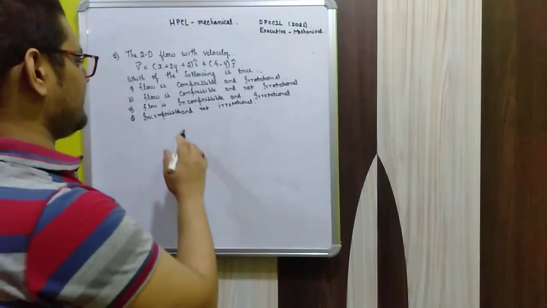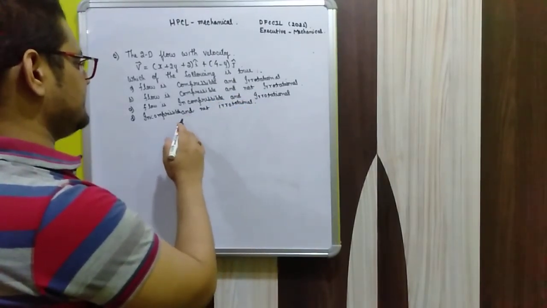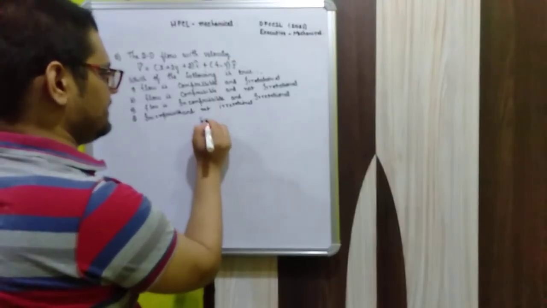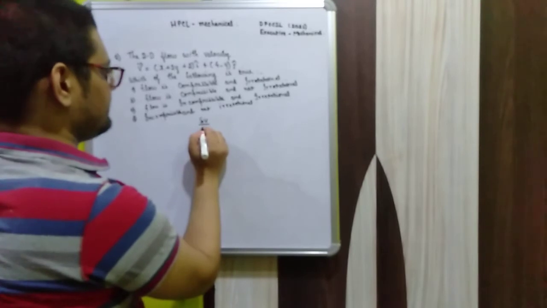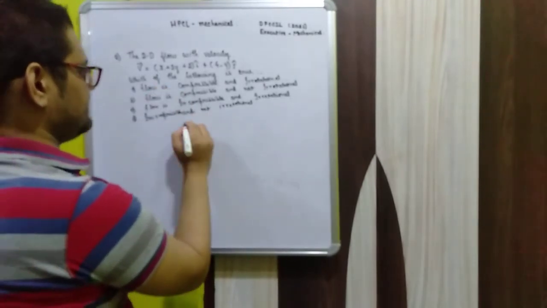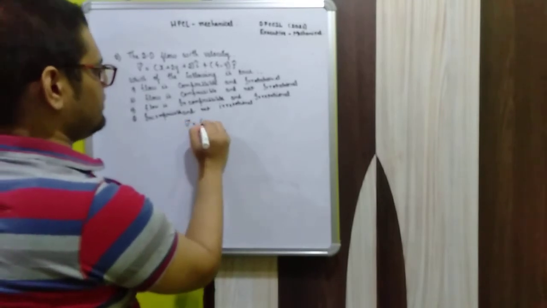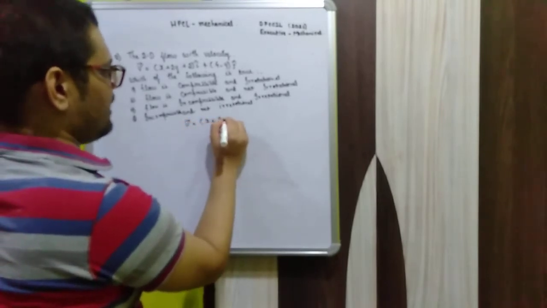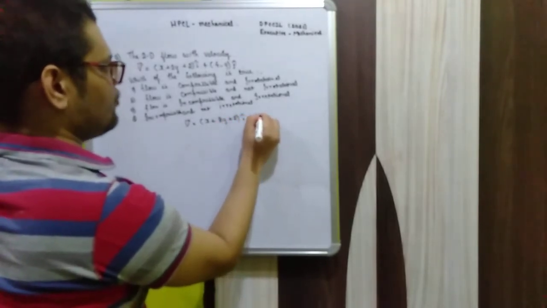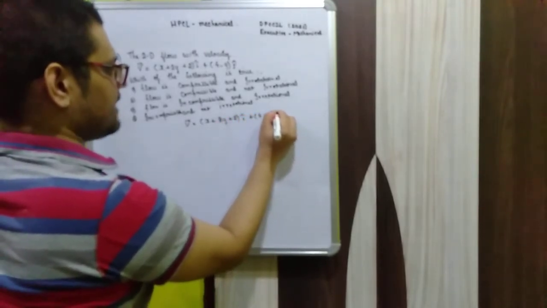So how do we make a fluid incompressible? Let me first write this equation: V cap is equal to (x plus 2y plus 2) i cap plus (4 minus y) j cap.